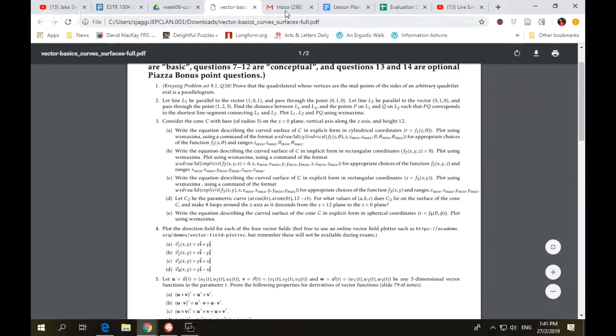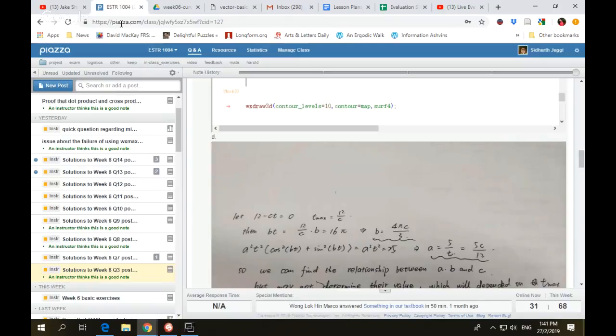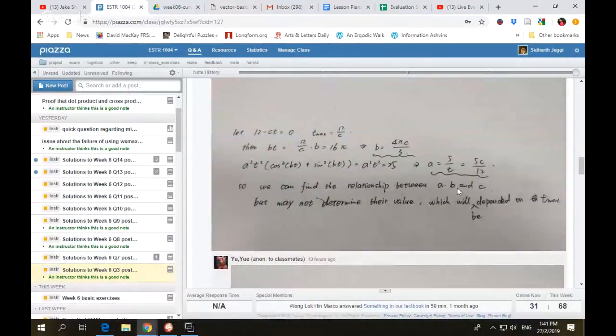He plugs them into the equation of the cone and solves for a like this. So you can find a relationship between a, b, and c as a function of the maximum value of t. On the hike, you can go slower or faster, you can take less time or more time, but regardless of the speed, your curve will be the same, right?